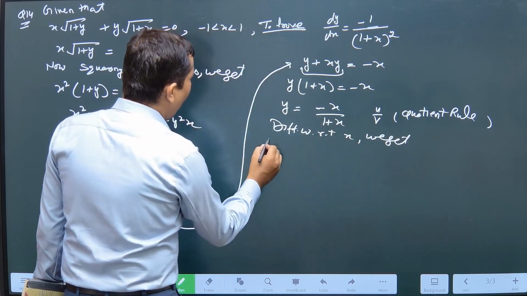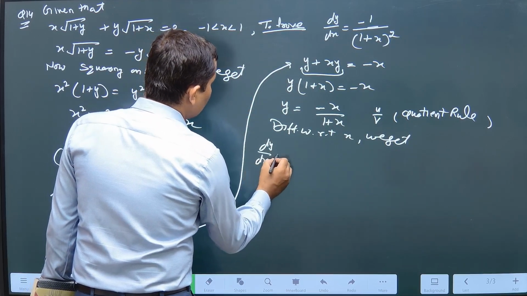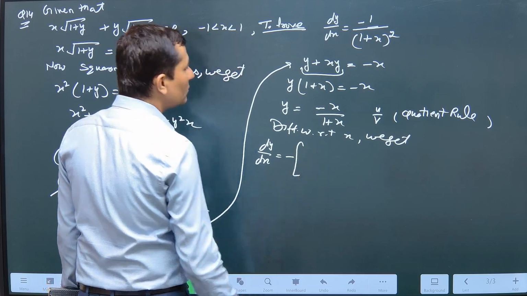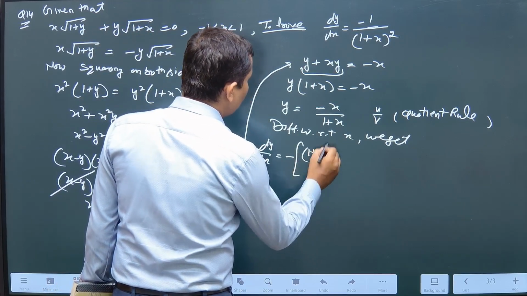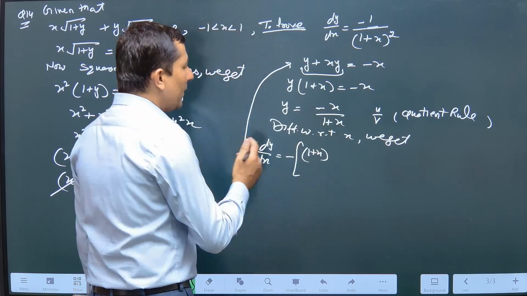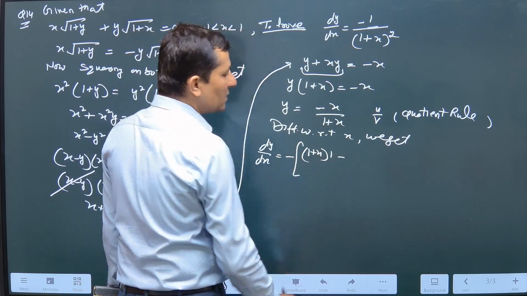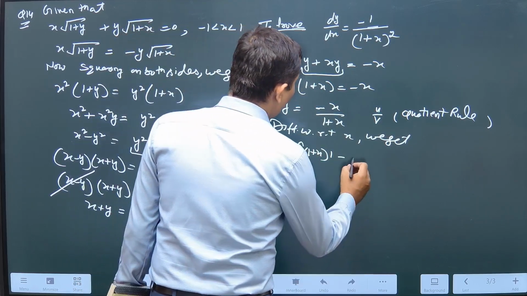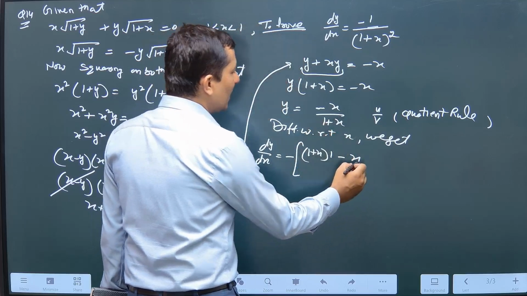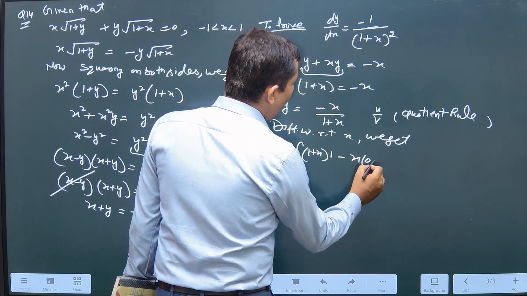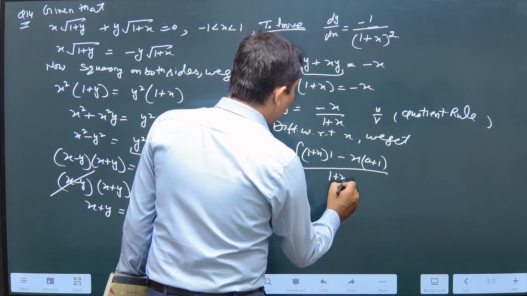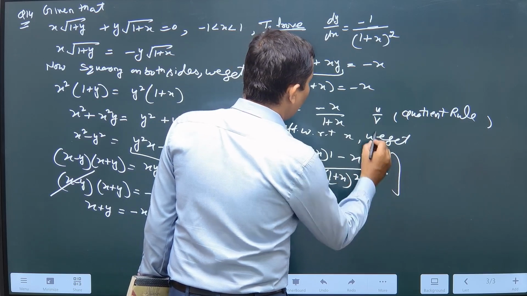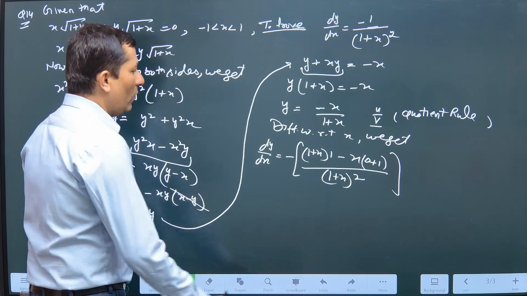So your dy upon dx is equal to minus, 1 plus x times derivative of x, which is 1, minus x times derivative of 1 plus x, which is 1, upon 1 plus x whole square, the v whole square.